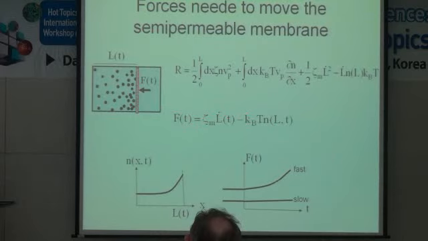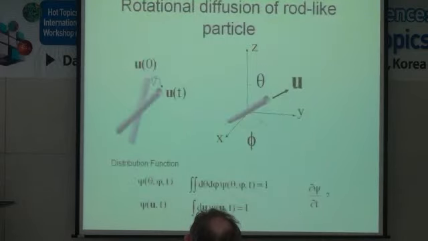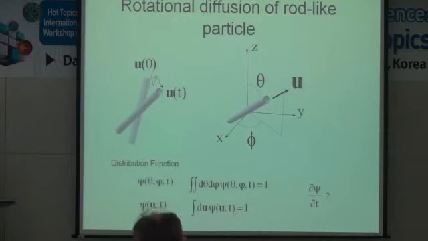All right, now what I'm going to do is repeat the same kind of argument for the orientational Brownian motion of rodlike particles, straightforwardly following the same kind of procedure. So now I'm going to discuss the rotational diffusion of rodlike particles.